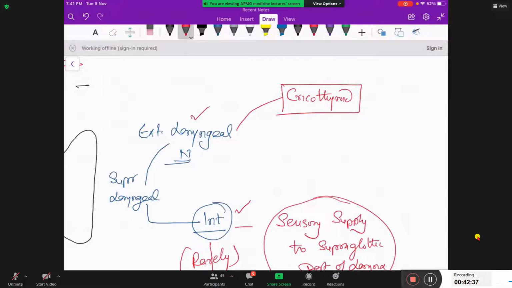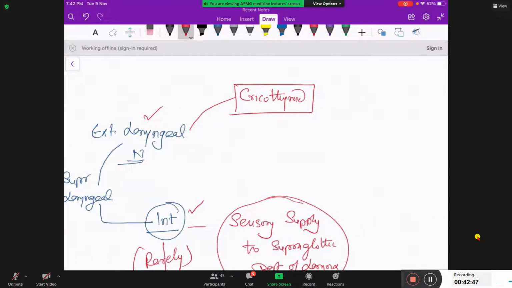Now, if it gets injured, what will be the problem? It's a nerve which is supplying the cricothyroid muscle, which is a tensor to the vocal cord.